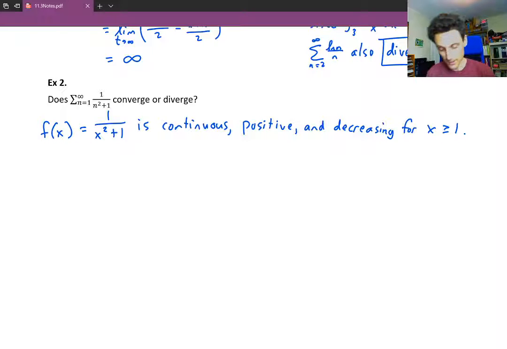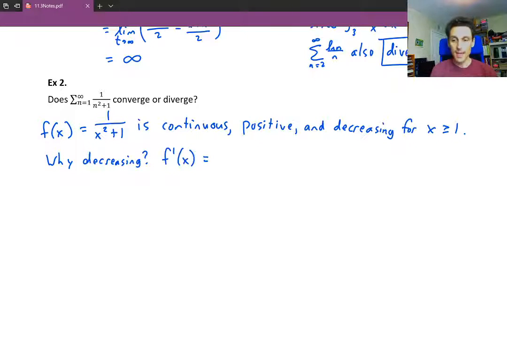Let's check the decreasing. Where is it decreasing? Well, we can take the derivative, and once again, we can use the quotient rule.